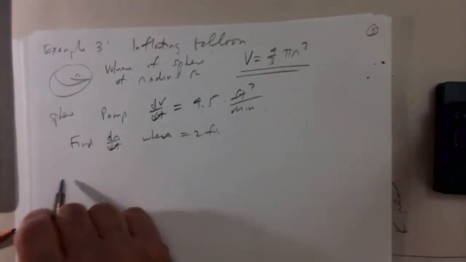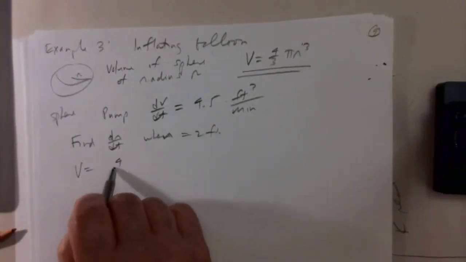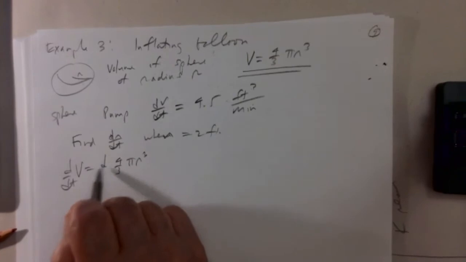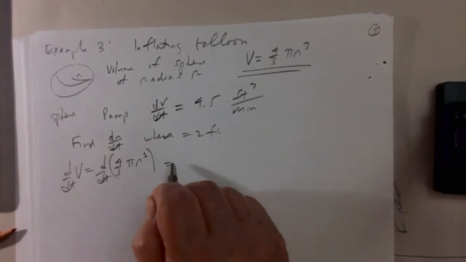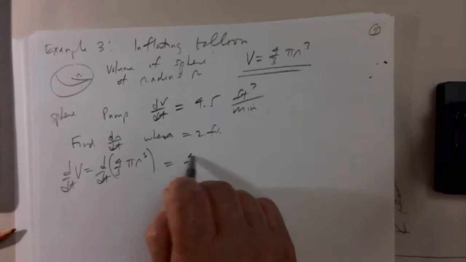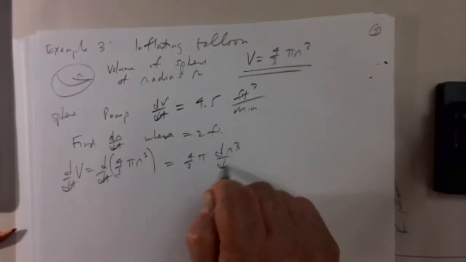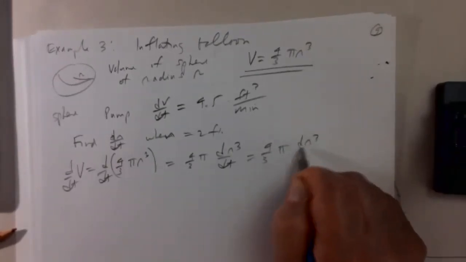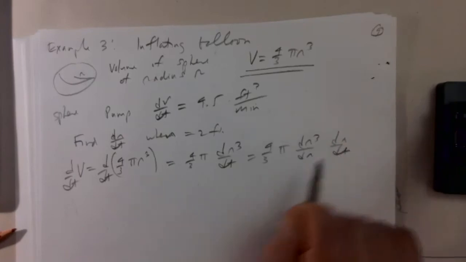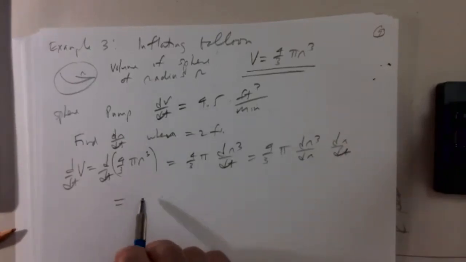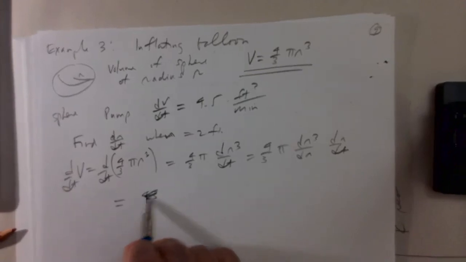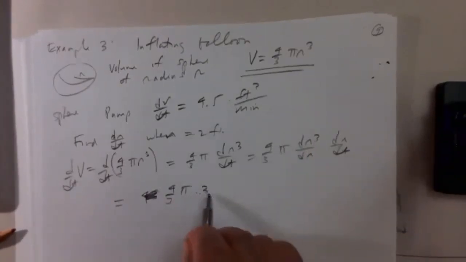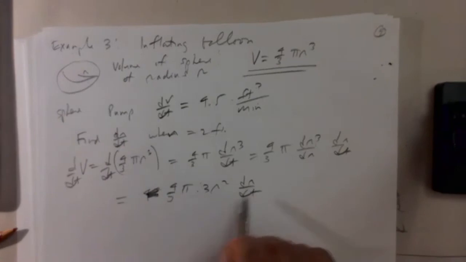Okay, well, so from V equals 4/3 pi r cubed, if we differentiate with respect to t, we get 4/3 pi times the derivative of r cubed with respect to t. That's 4/3 pi times the derivative of r cubed with respect to r, times dr/dt. The derivative of r cubed with respect to r is 3r squared, times dr/dt.